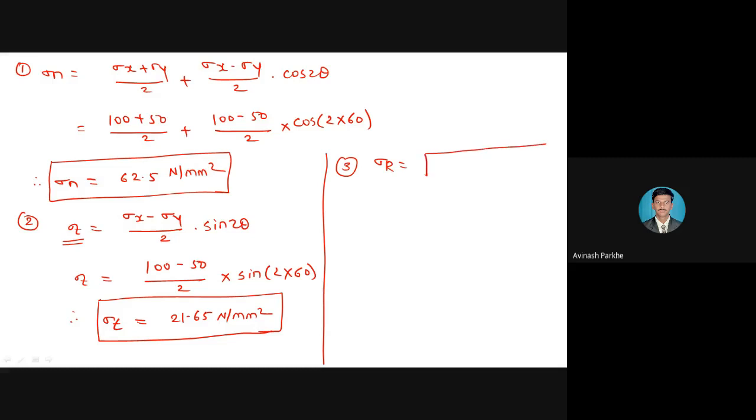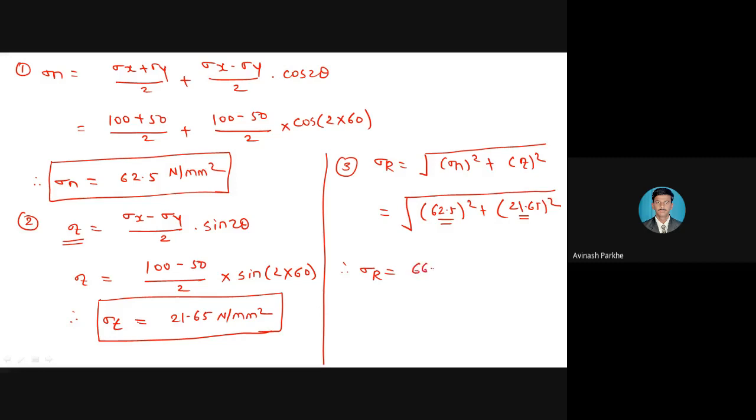Resultant stress is equal to the square root of (sigma n square plus sigma t square). So in the square root, sigma n 62.5 squared, sigma t 21.65 squared. First take the squares, then do the addition, and then take the square root.